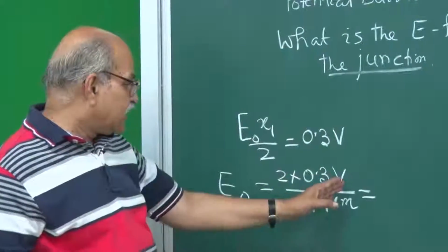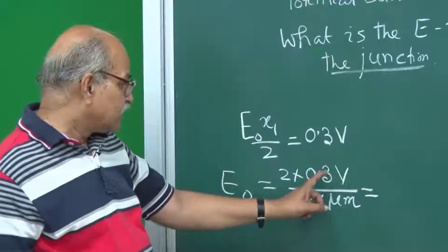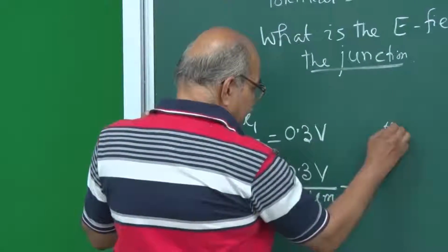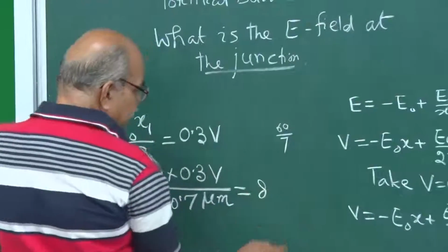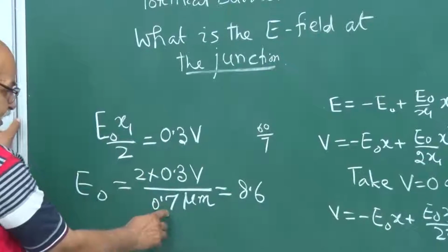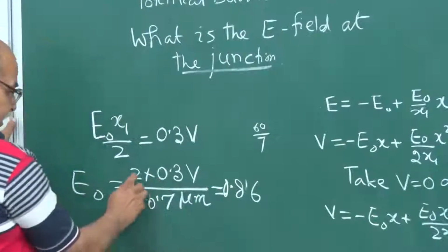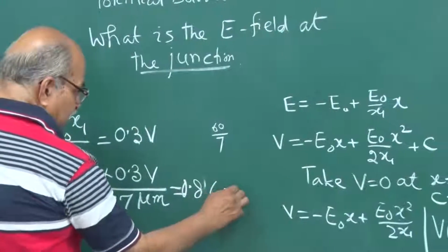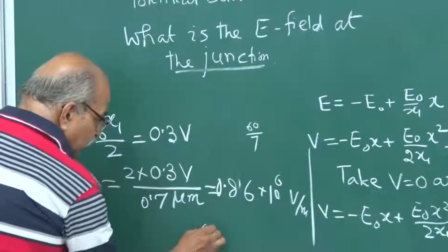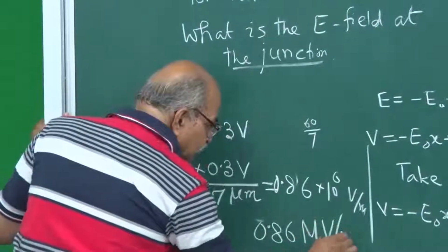So that is the electric field. You can write it in terms of volts per meter. This is 10 to the power 6 here, 0.6 over 0.7, that will be 60 by 7, that is 8.6, so 0.86 in fact, times 10 to the power 6 volts per meter, or 0.86 megavolts per meter.